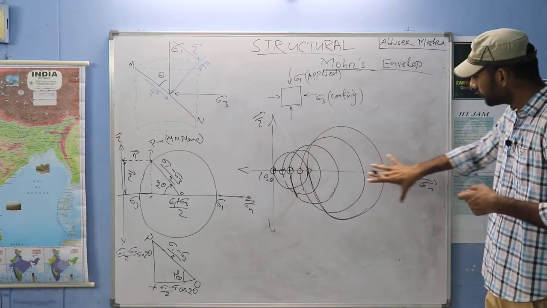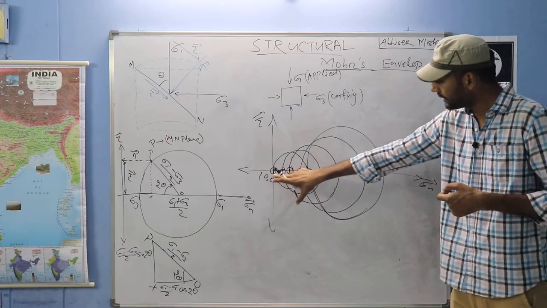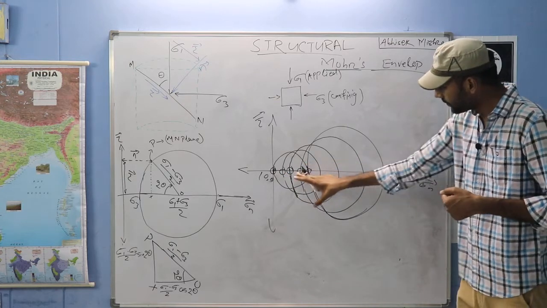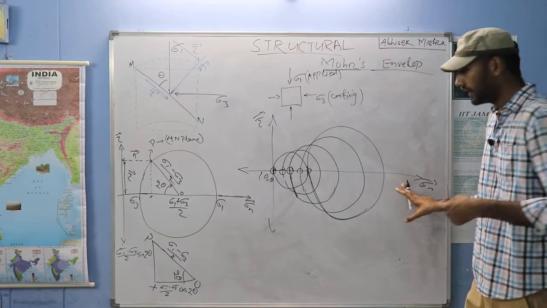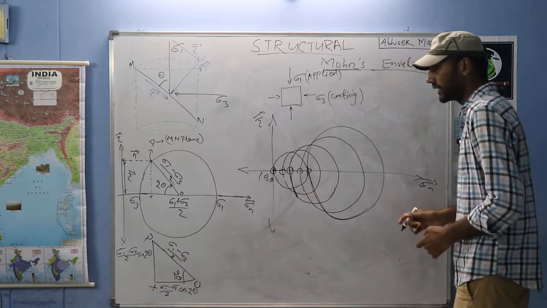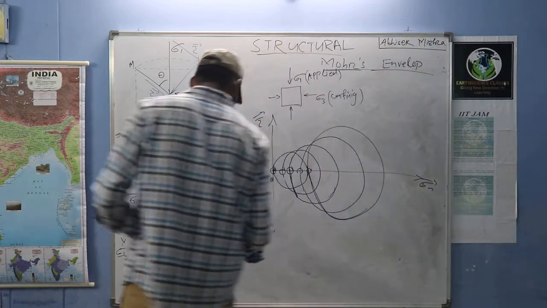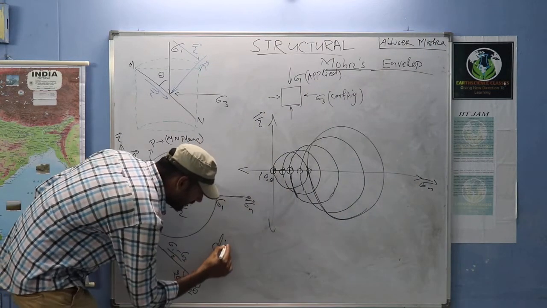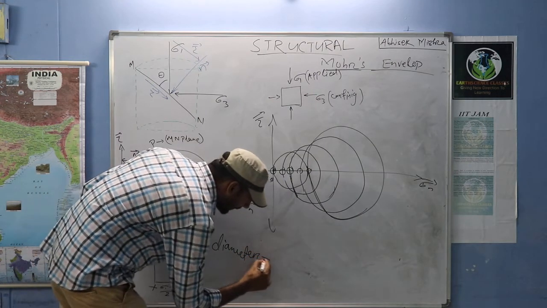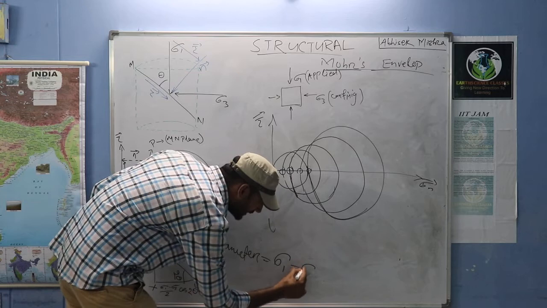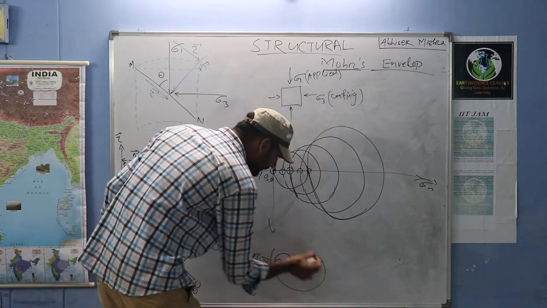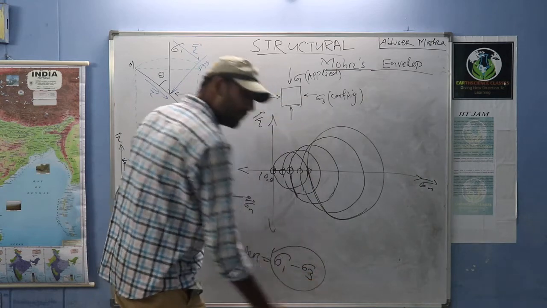So I have plotted so many more circles. By increasing sigma 3 values, I am getting an increase in sigma 1 values, as well as the diameter increasing. What is the diameter of a Mohr circle? The diameter of a Mohr circle is sigma 1 minus sigma 3, which is also known as the difference in maximum and minimum principal stress.